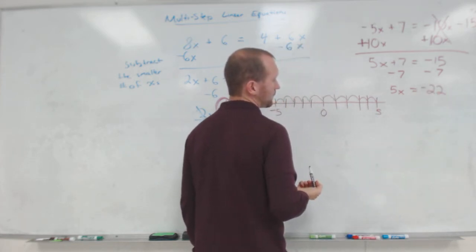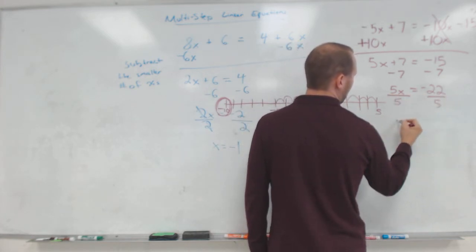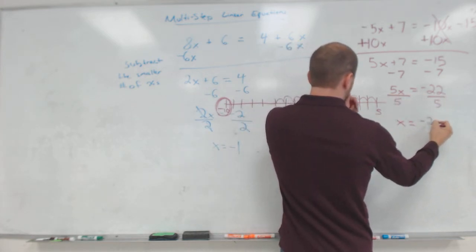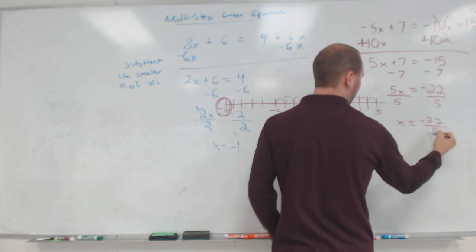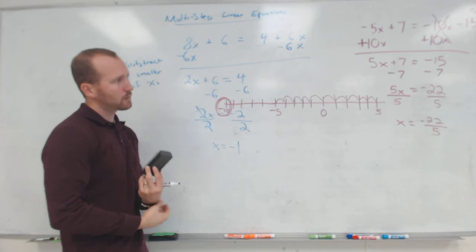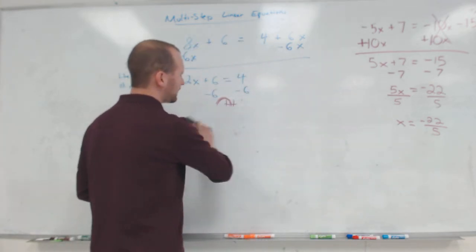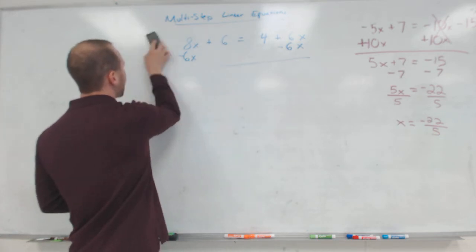And what's my last step? Divide by 5. X equals negative 22 over 5. Okay. And that's your answer, right? It's a fraction. There's no way of reducing that fraction because there's nothing that goes into both 5 and 22.